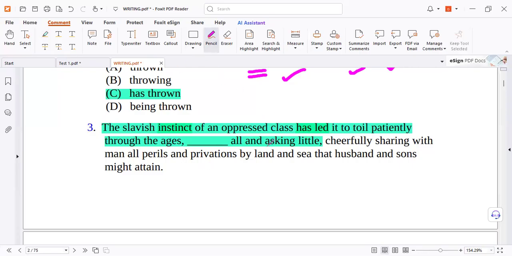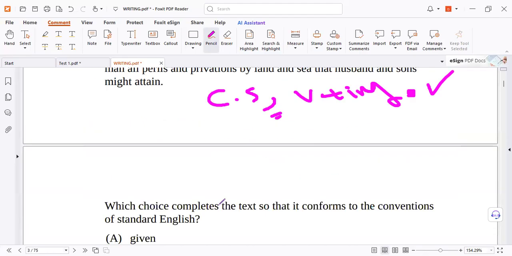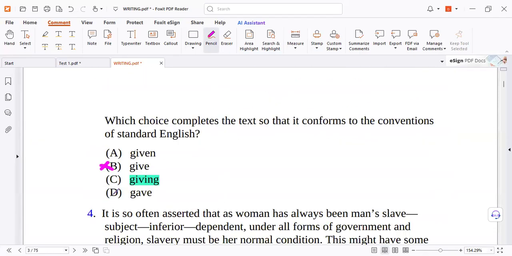Something else we have here is parallelism. So you need parallelism again, so it's given. Look again for the present participle, sharing. So imagine it like that: complete sentence, comma, present participle phrase. So we test you here on phrases and at the same time meaning. Verb, wrong.